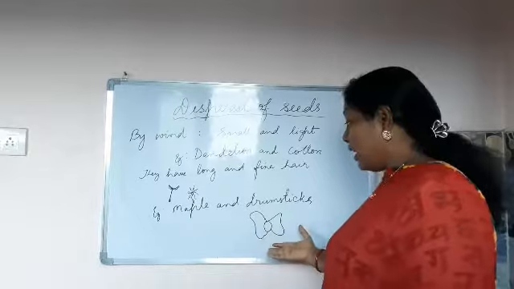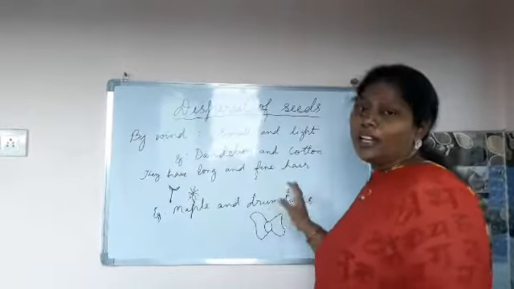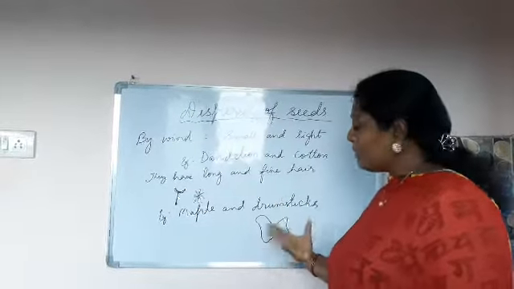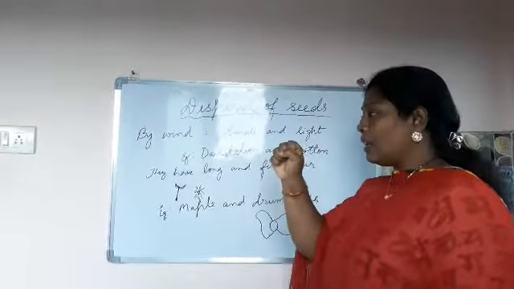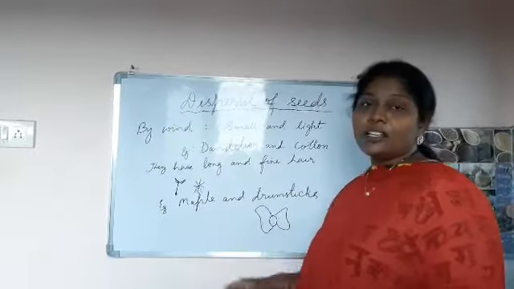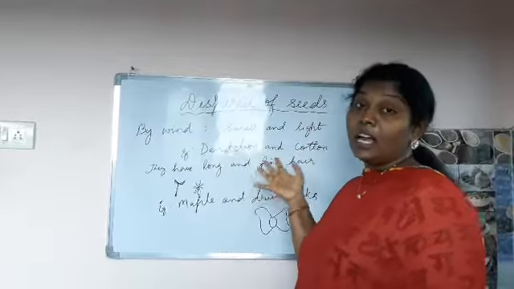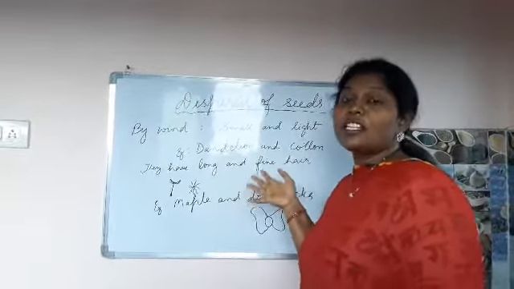But when the drumstick has completely dried up, it becomes very light. So when the fruit opens up, the wind can carry these seeds away. In this way, the wind is helping us in the method of seed dispersal.